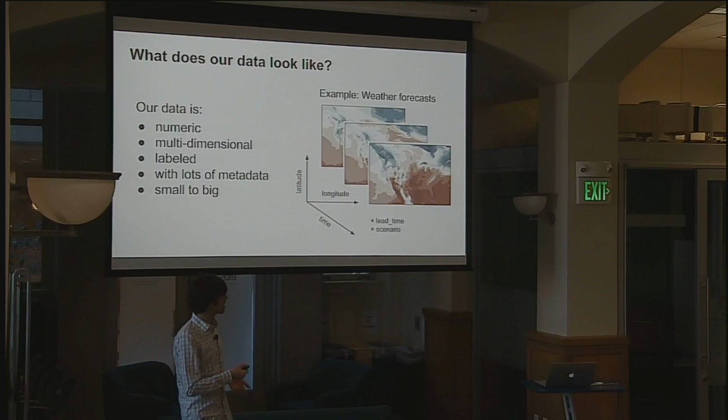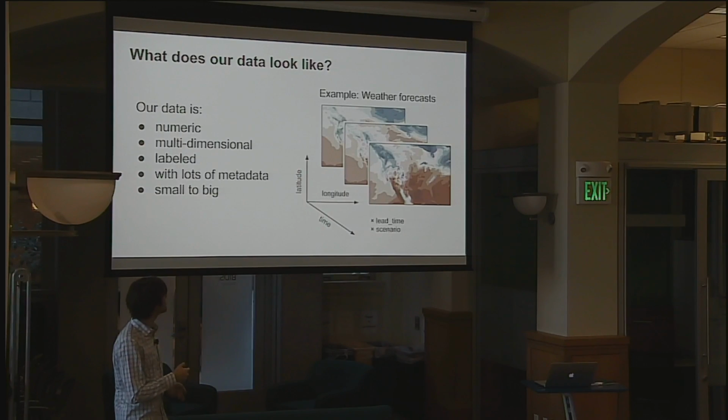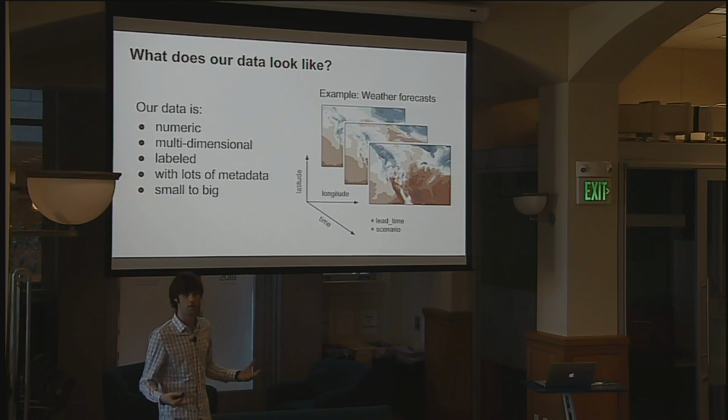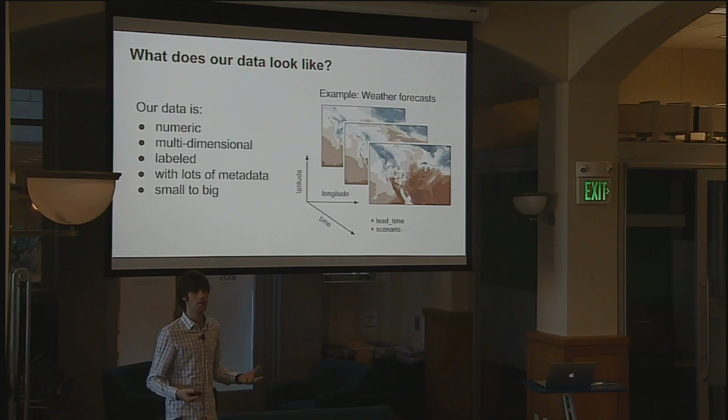So we have, say, 5-dimensional tensors of data, and it's kind of awkward to work with just the 5-dimensional tensor, but the good news is there's a lot of labels and a lot of metadata associated with these data sets. We have names associated, like we know that one of my axes for my array is going to be latitude or longitude or time.